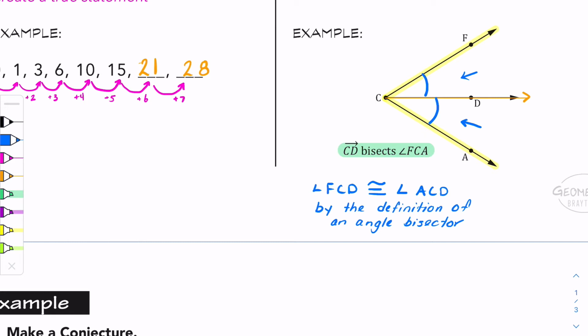So this is always true. This can't change. This is a concrete fact in geometry, that if you have a bisector, you have two congruent angles.